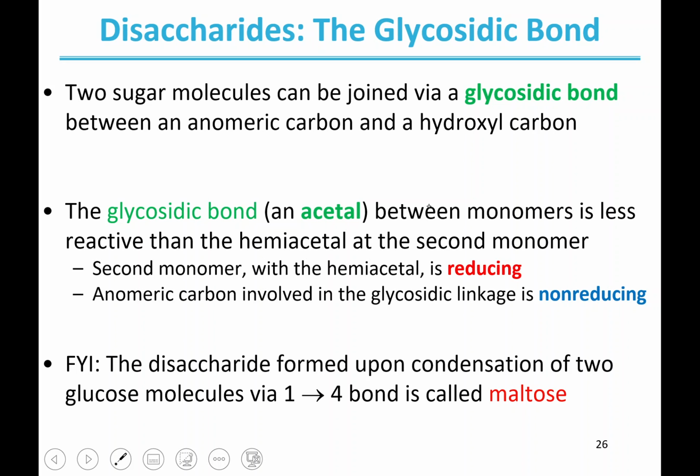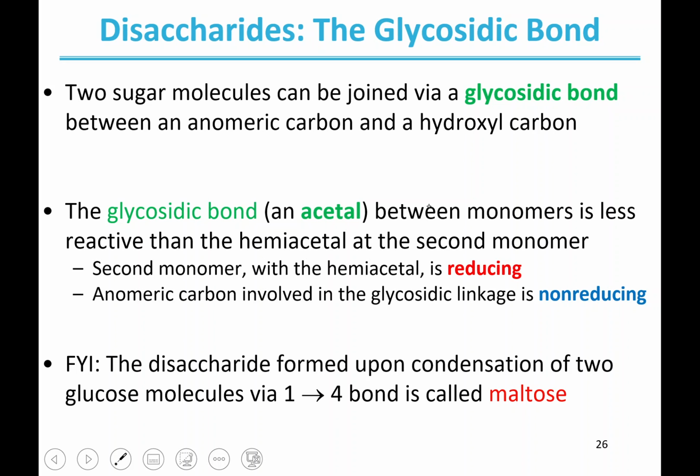An acetal between monomers is going to be less reactive than a hemiacetal. So an acetal group we would term as non-reducing. A hemiacetal would be reducing. So when the term reducing sugar or non-reducing sugar is used, that's what that's talking about.